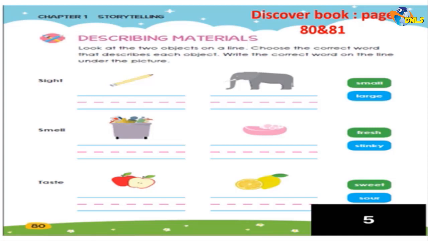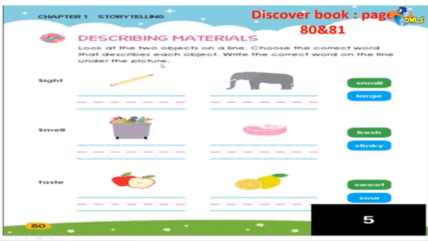In page 80 and 81, describing materials. Let's listen to the instruction. Look at the 2 objects on a line. Choose the correct word that describes each object. Write the correct word on the line under the picture.